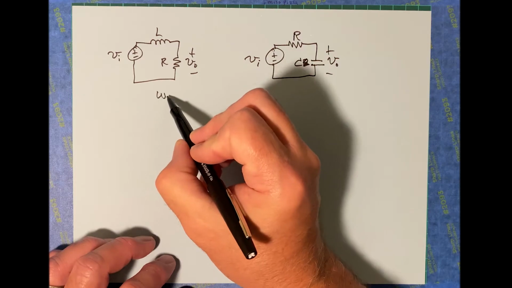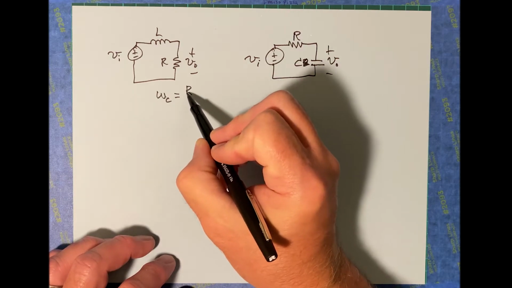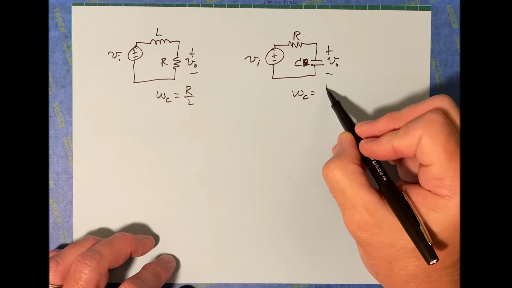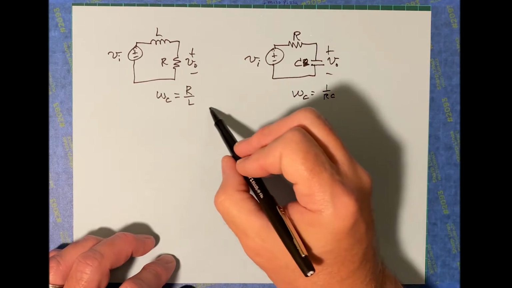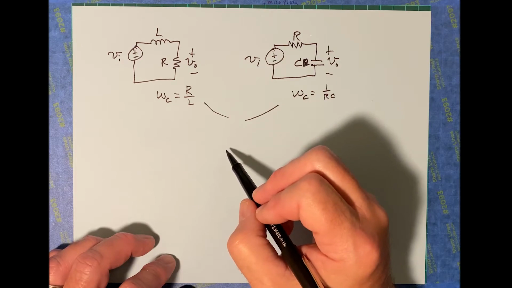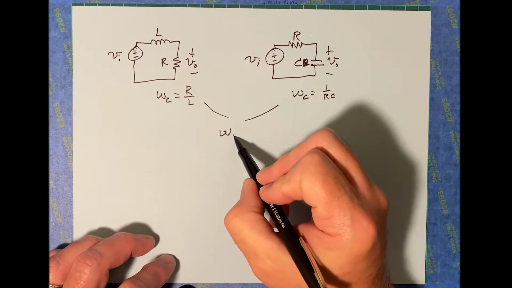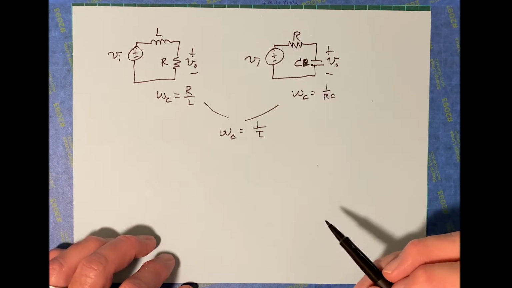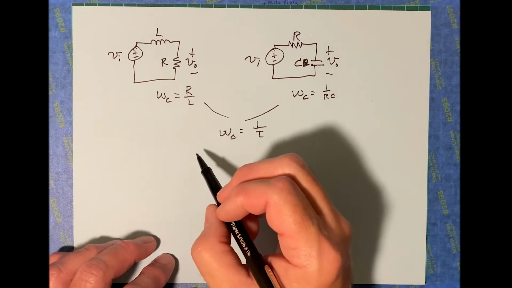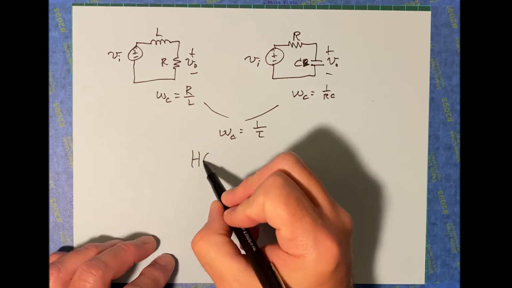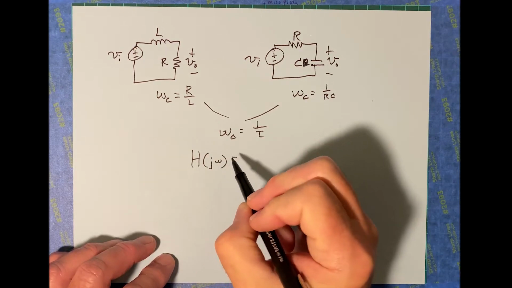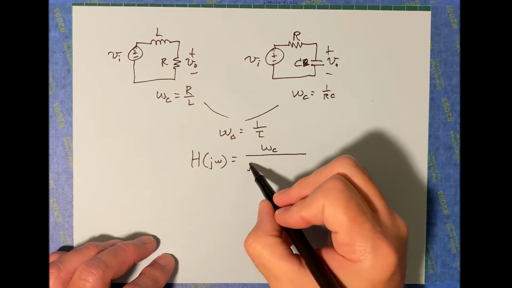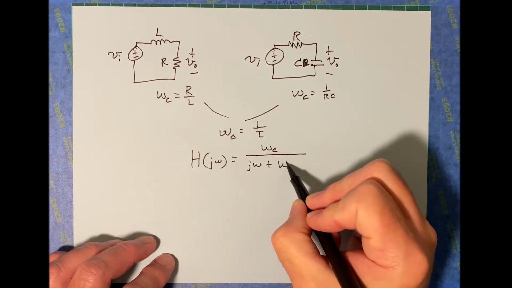Now for this one, omega sub c was R over L, that's where the cutoff occurs. Here, omega sub c was 1 over RC. But in both of these cases, in general, we could say that omega sub c is 1 over the time constant. Also, in general, you may not have noticed this, but the transfer function itself is equal to omega sub c divided by j omega plus omega sub c.